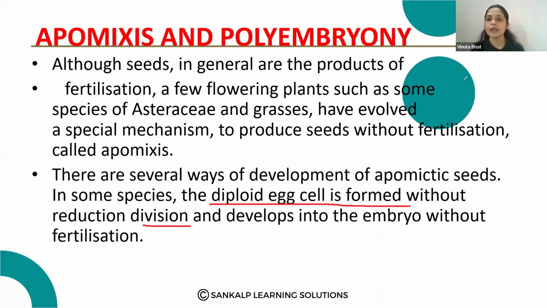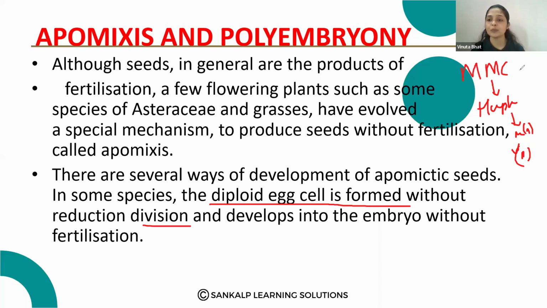You know that the megaspore mother cell undergoes the reduction division, the meiosis cell division, and forms the haploid megaspore, and that megaspore develops into the embryo sac, and the embryo sac contains the egg cell, which is also haploid, right?